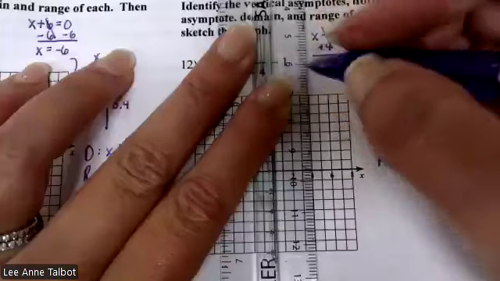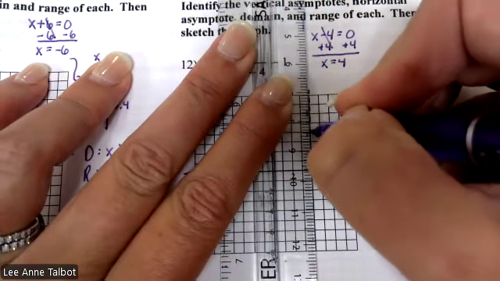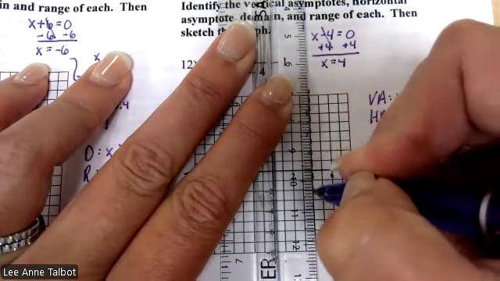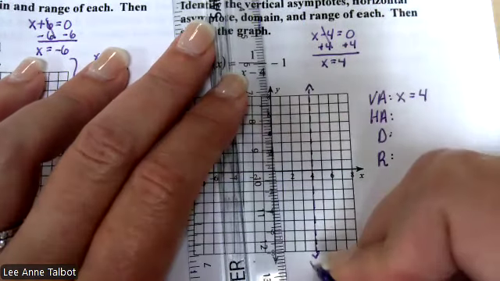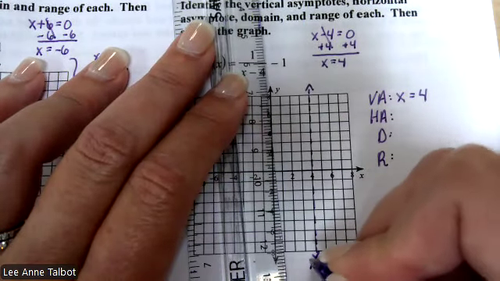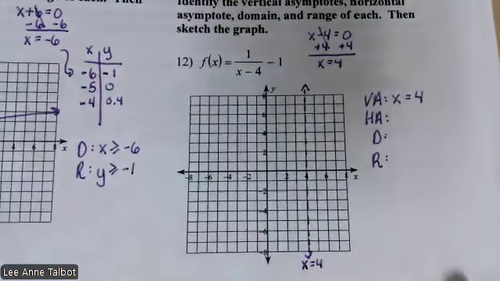Go to x equals 4. Dash that in as best you can.